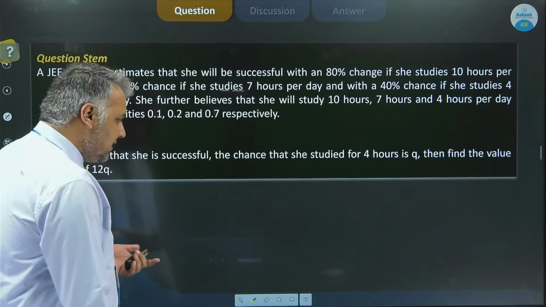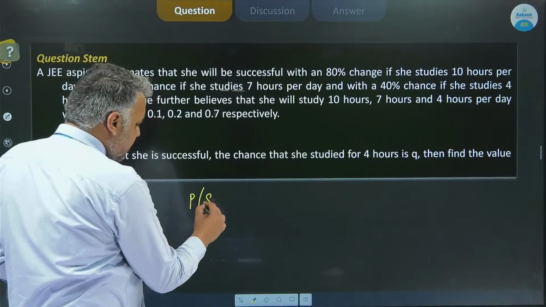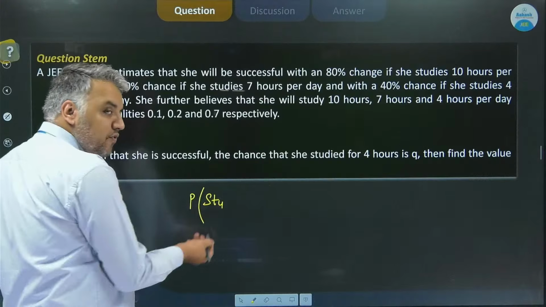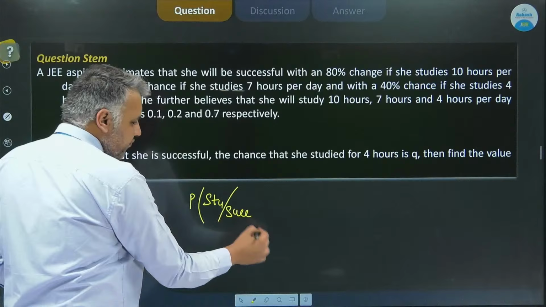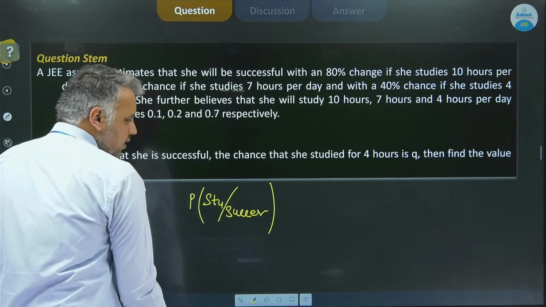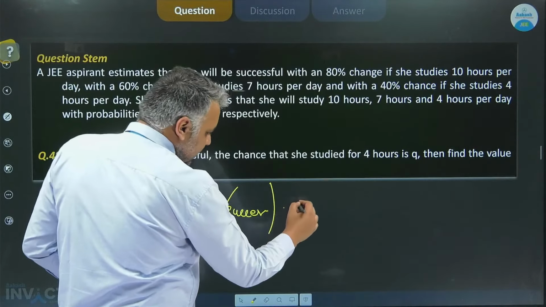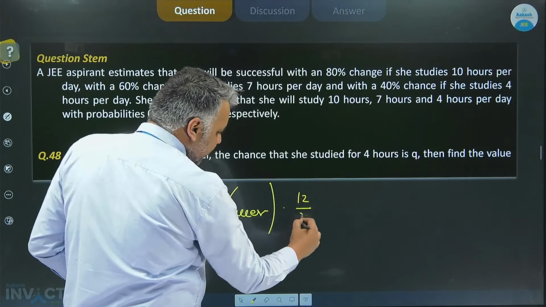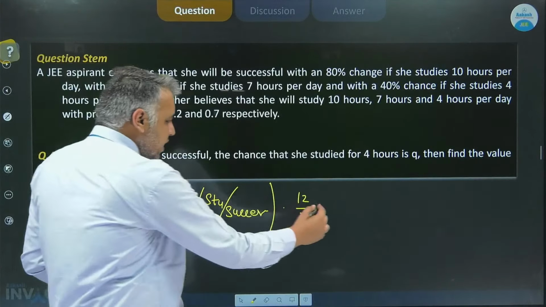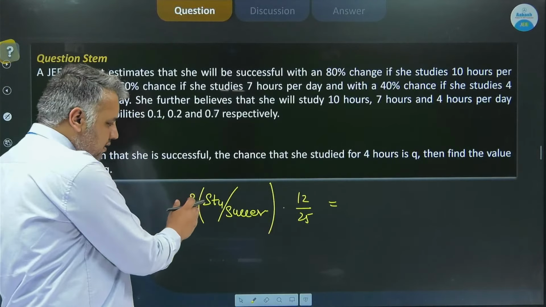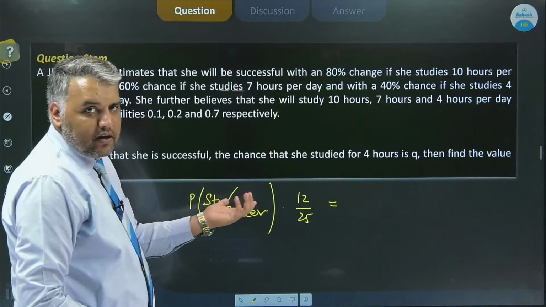So this is simply Bayes' theorem. The probability that she studied 4 hours per day, ST4, given that she is successful, into the probability that she is successful, which we calculated earlier in the last question, that was 12 by 25, must be equal to the probability of the intersection of both cases, that she studied 4 hours and got successful.